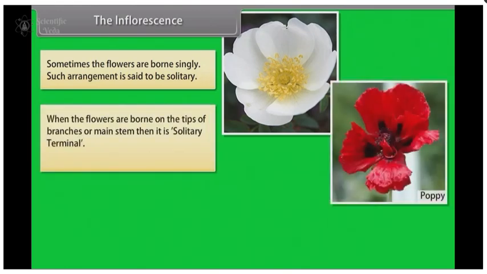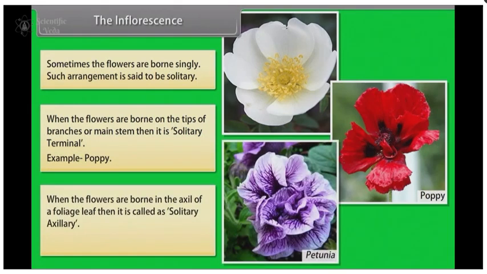When the flowers are borne on the tips of branches or main stem, then it is solitary terminal. Example, poppy. When the flowers are borne in axil of a foliage leaf, then it is called solitary axillary. Example, petunia, hibiscus, rosa sinensis.